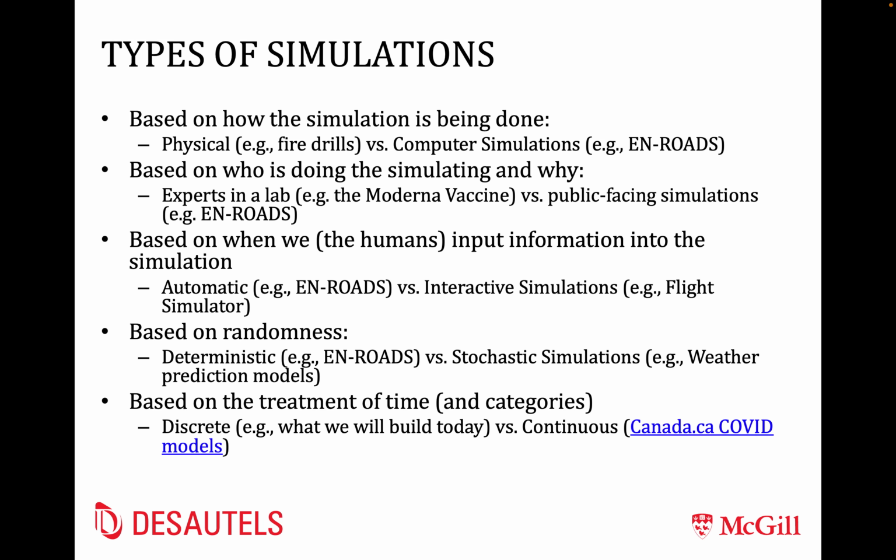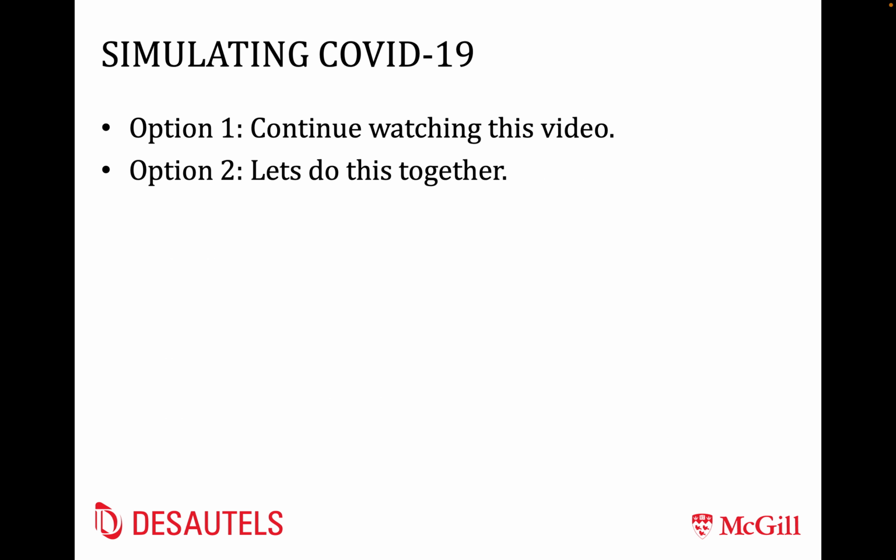In fact, all the COVID-19 simulations that were built during the pandemic by the government of Canada were continuous time simulations, and you can go and click on that link over there and take a look at them, because what we're going to be doing today in our simulating exercise is build another COVID model, but this one's going to be a discrete time model, right?